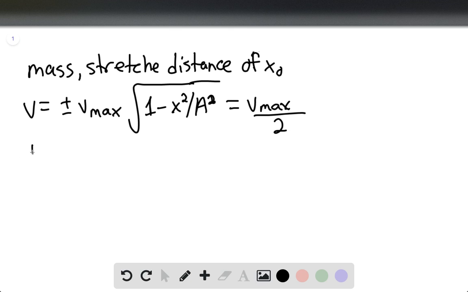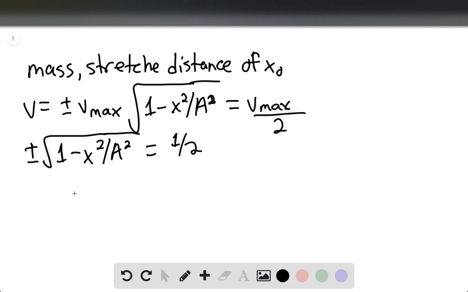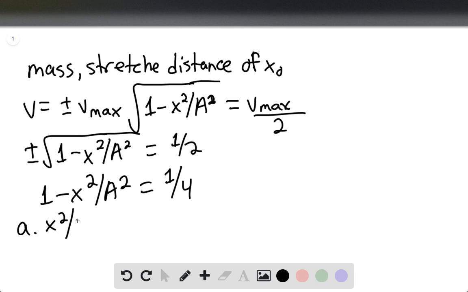And we can say that plus or minus the square root of 1 minus x squared over a squared is going to be equal to 1 over 2, which means that 1 minus x squared divided by a squared is going to be equal to 1 over 4. And we can say that for part A, x squared over a squared will equal 3 over 4.